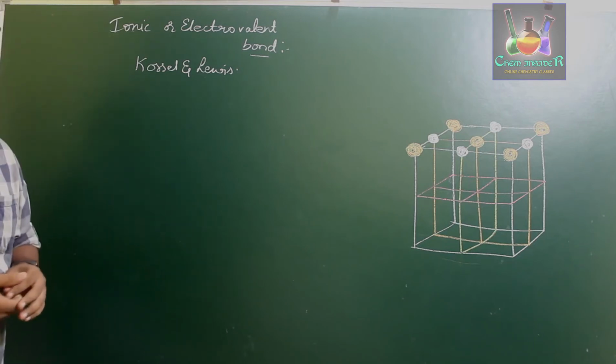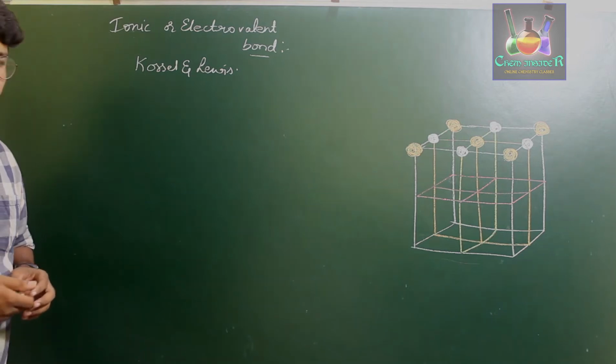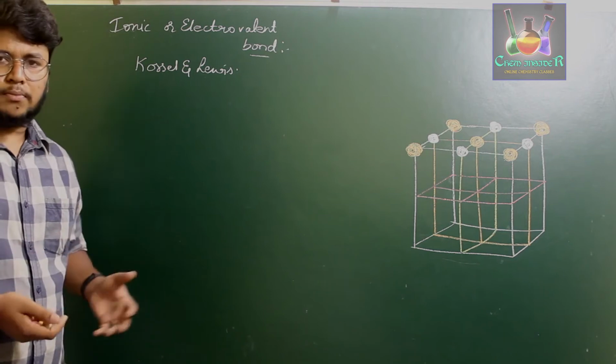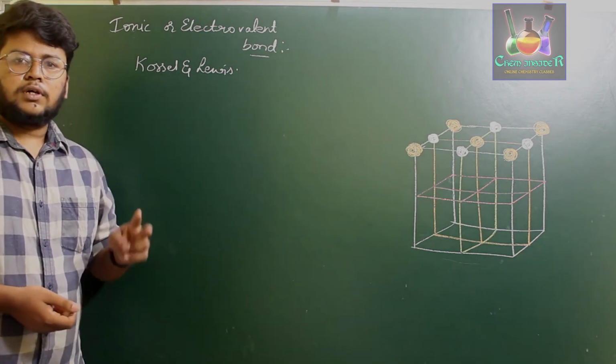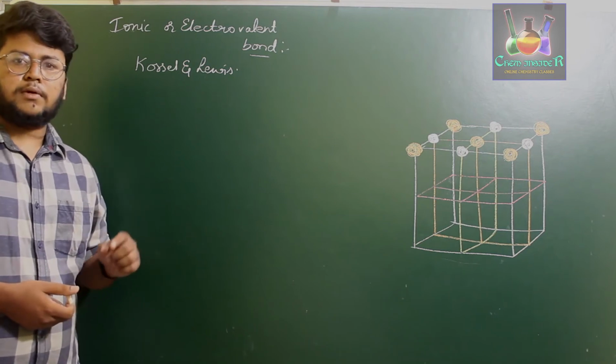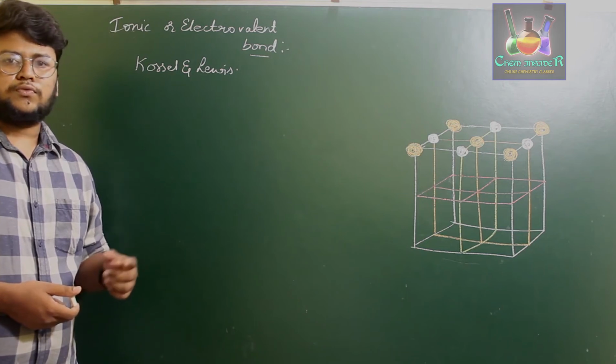So what happens here is, for an element or a molecule to form an electrovalent bond, or any chemical bond, it has to follow two particular conditions. One, it has to gain an electron to form a negative charge, and has to lose an electron to form a positive charge.